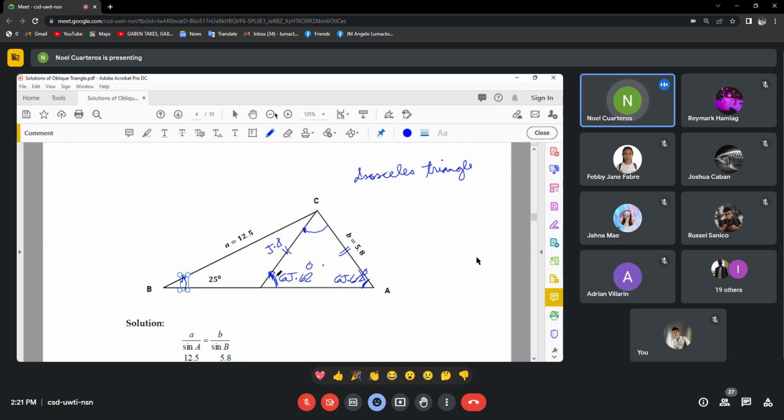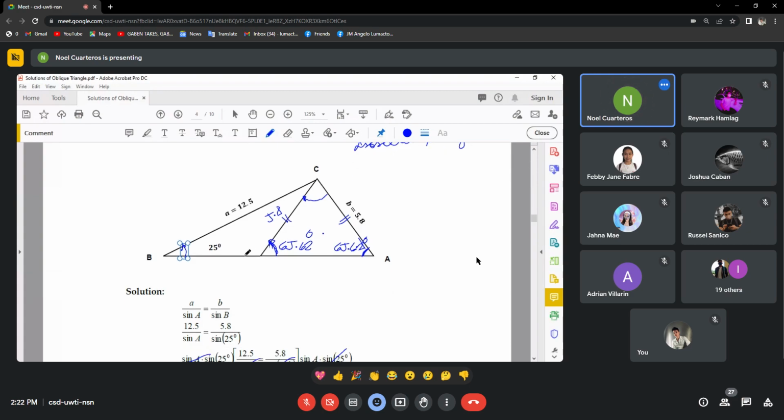So kung 65.62 degree ni siya, using the supplementary angles, kato atong gi-discuss sa una. Unsa ito supplementary angles? The sum of two angles is equal to 180 degree, di ba? 180 man ni siya. Kini siya kay 180.